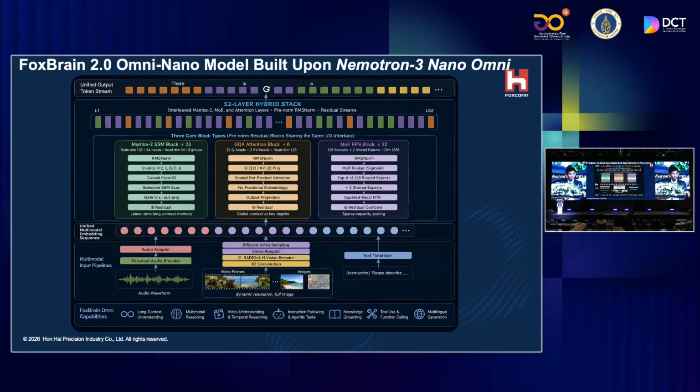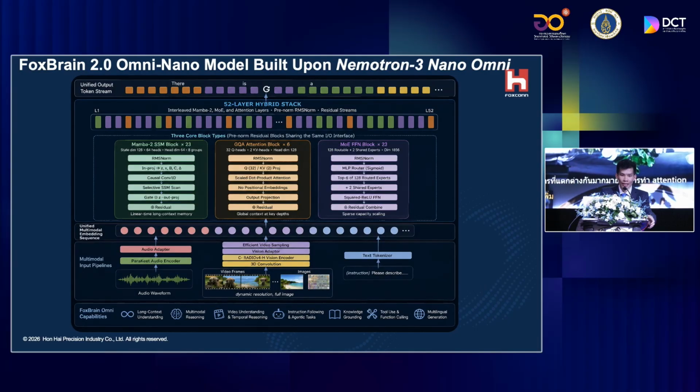And the teams go even further with mixture of experts, latent MoE, and many other techniques to help you train and build a better model that is efficient in terms of memory, in terms of throughput during training, and in terms of parameters, right?